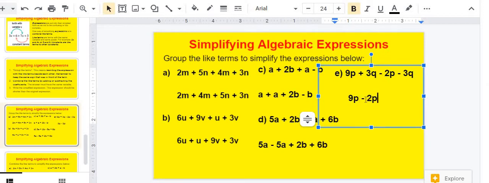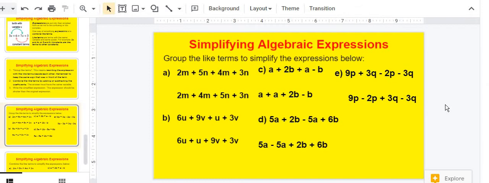Notice that I put the minus sign in front of this 2p. Then we have 3q. Notice that I put a plus sign in front of the 3q minus 3q. Okay, so as long as the signs are the correct signs, and as long as the variable and the powers are the same, then you have successfully collected your like terms.